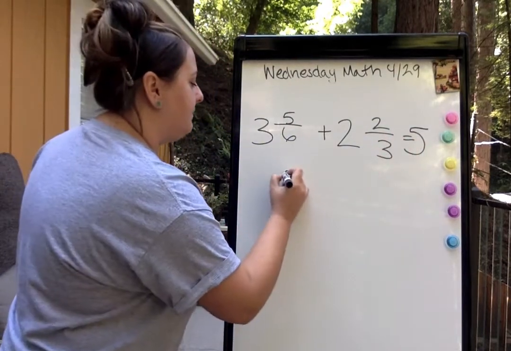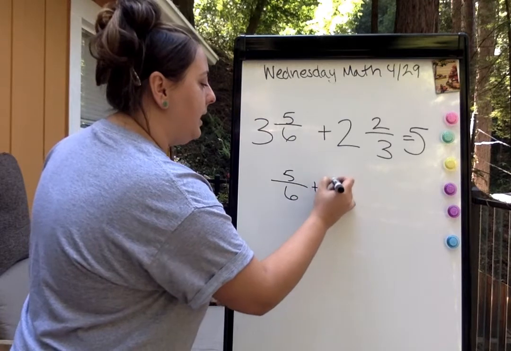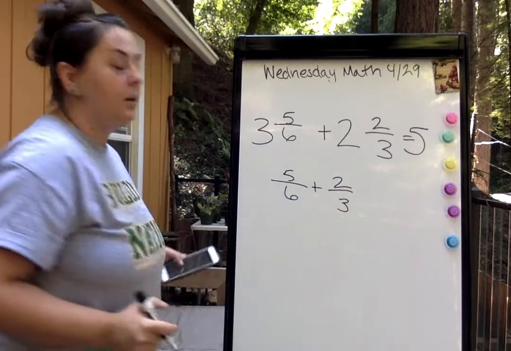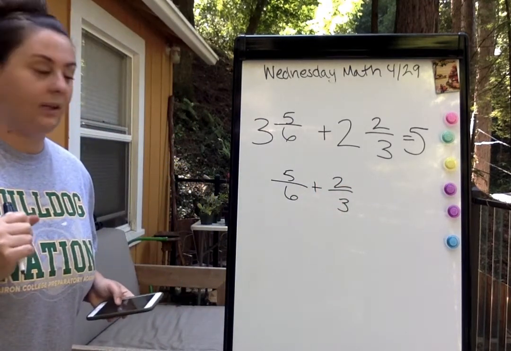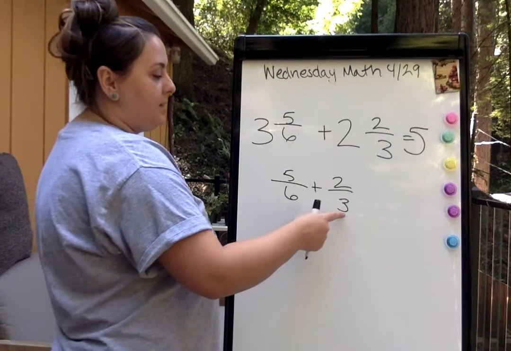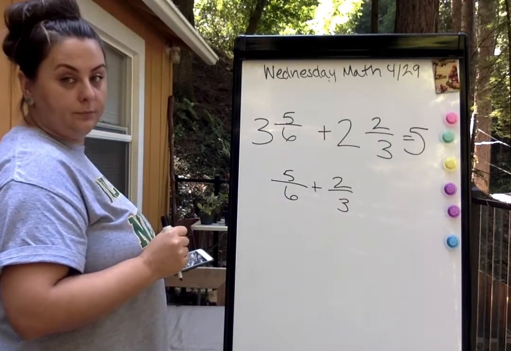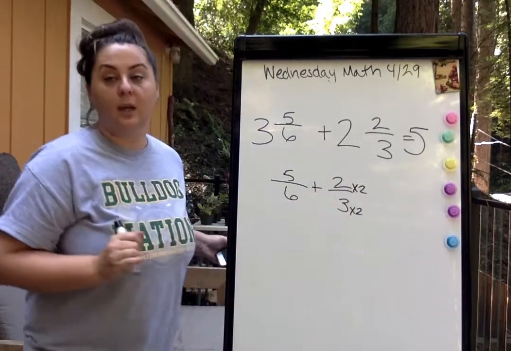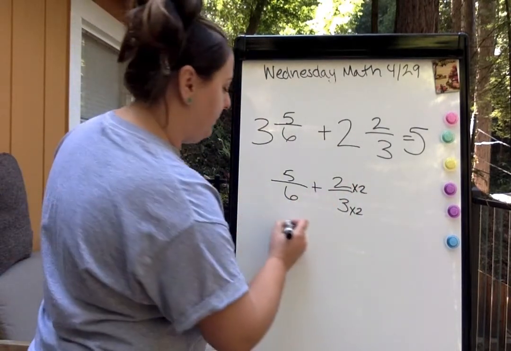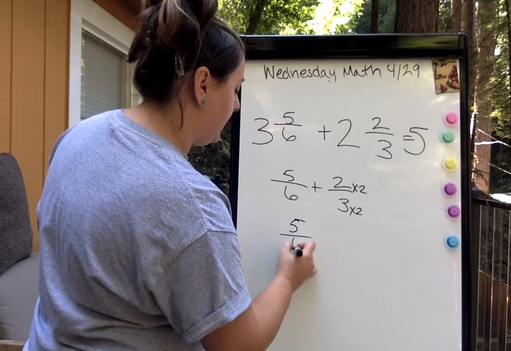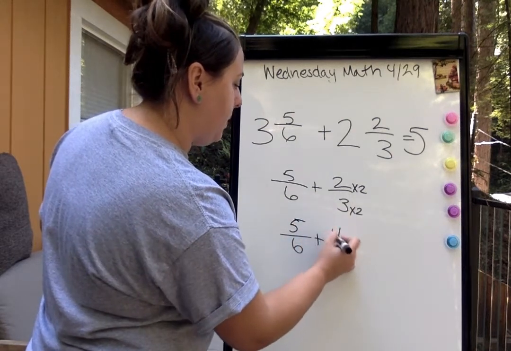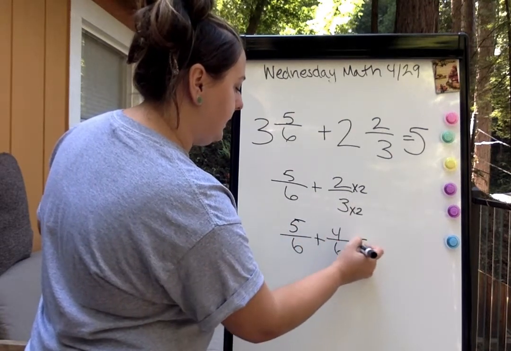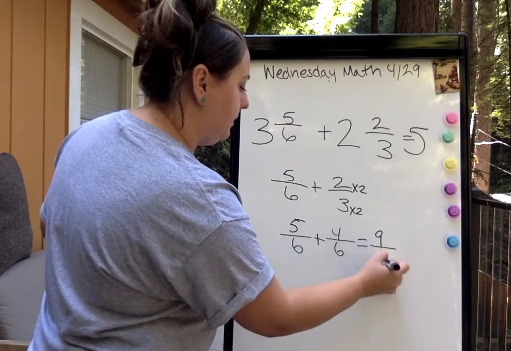But now we have this 5/6 and this 2/3. You have to find a common denominator here. So how do I make this 3 into a 6? Times it by 2. Whatever I do to the bottom, I do to the top. So we've got 5/6 plus 4/6 equals 9/6.